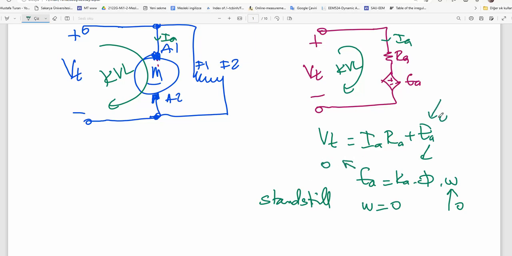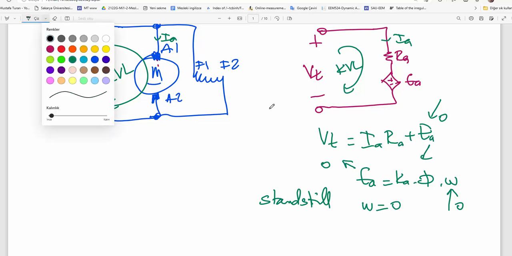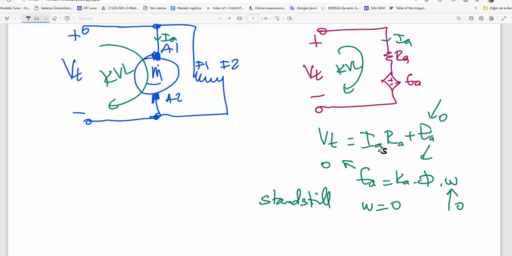When this guy is 0, current will have a starting value. So the armature current startup value or starting value is equal to terminal voltage over Ra.